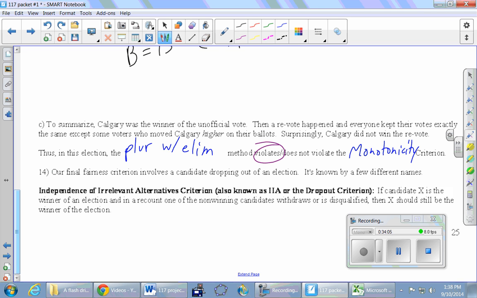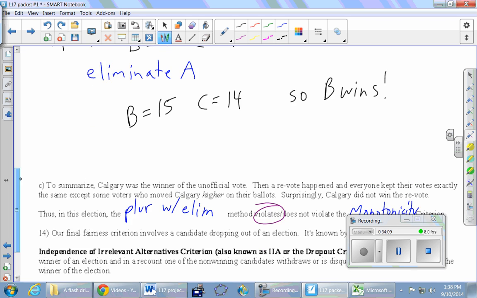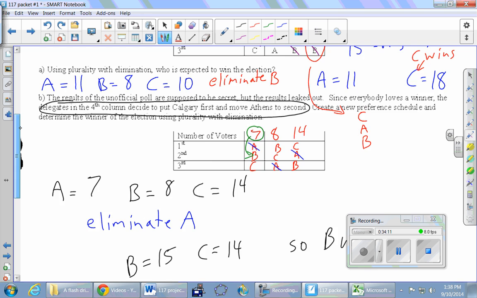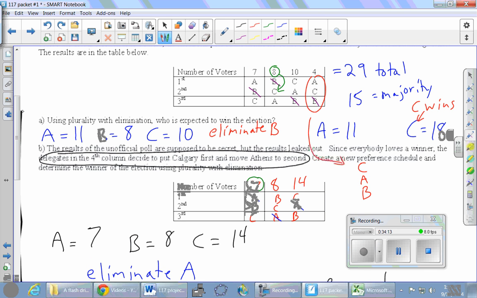Yes, Zeke. Yes, you should be upset. Yeah, so what went wrong here? I mean, by all rights, C should have won this election. They won, and then they're stronger, and then they didn't win. Sue Ann. Because they didn't have a majority and they got their next choice. That's the problem.